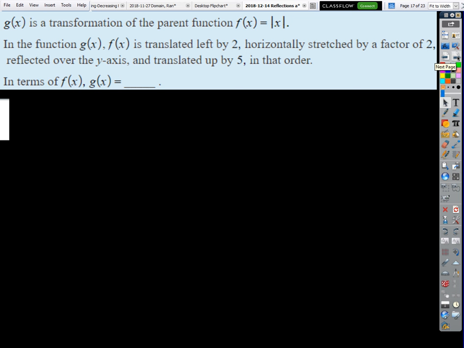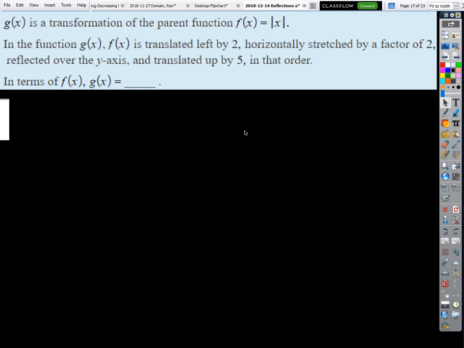Okay, threw you a little curveball here. Think what they're asking you to do here.